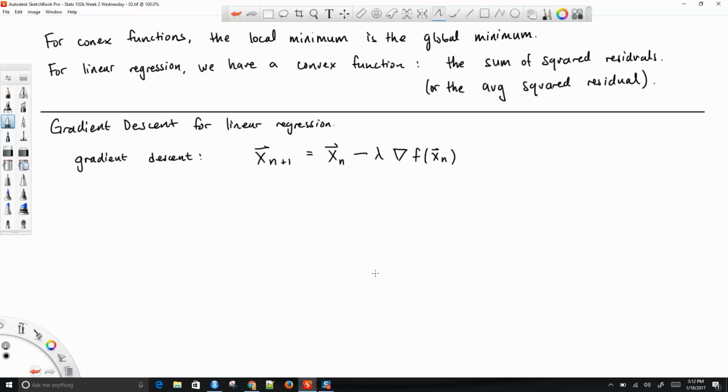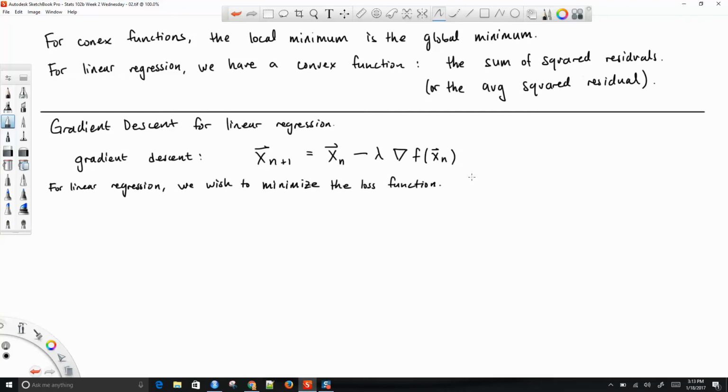So for linear regression, we're trying to minimize the loss function. Now let me just pause and say, in real life we would probably never run gradient descent for linear regression because we've already solved linear regression analytically.